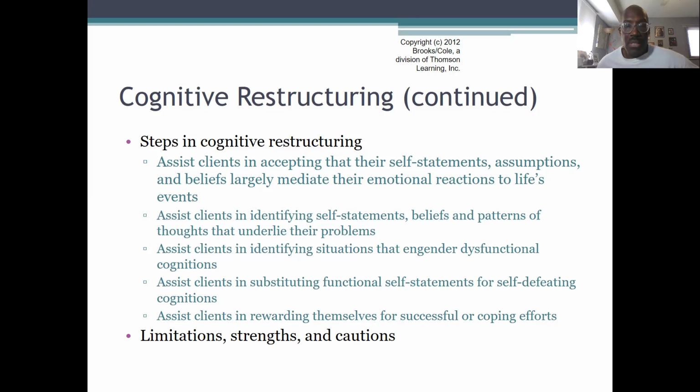Think back to the cognitive skills groups that I used to run for multiple DWI offenders.